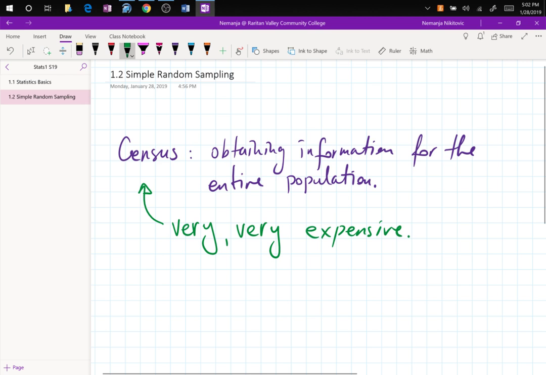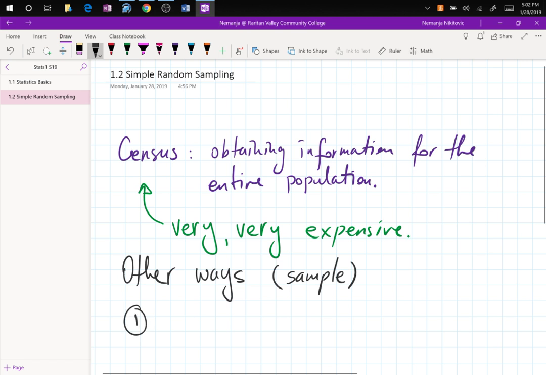So now, two methods other than the census for obtaining information are sampling and experimentation. So we are looking at other ways. And that's going to be sample. So we are looking at number one, sampling, and number two, experimentation.